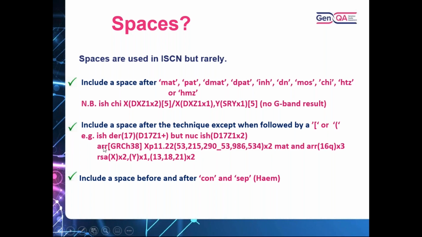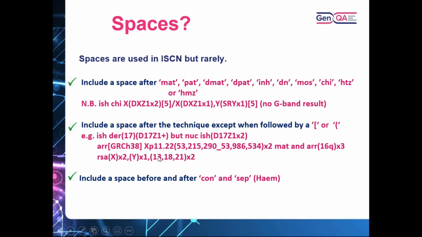And there's no space between array and the genome build, but there is a space between the genome build and the X chromosome. However, you could put array, no space, 16q times 3, and there's no genome build for whole aneuploidies. For the RSA, again, no space.